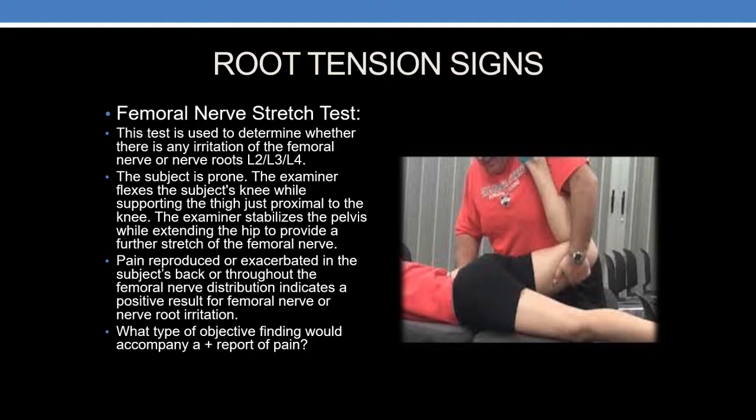What would you expect? Well, you would expect some type of reflexive action, the purpose of which would be to reduce the traction on those nerve roots. So the subject may reflexively and forcibly extend their knee, or they may reflexively and forcibly flex their hip in order to reduce tension on those nerve roots.